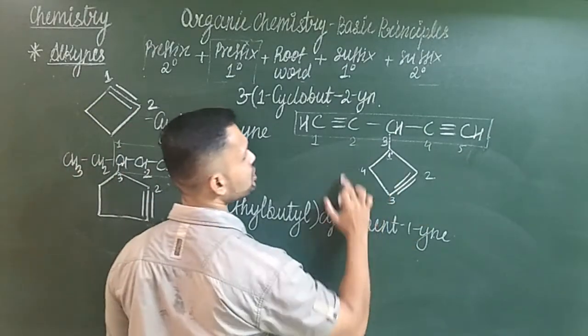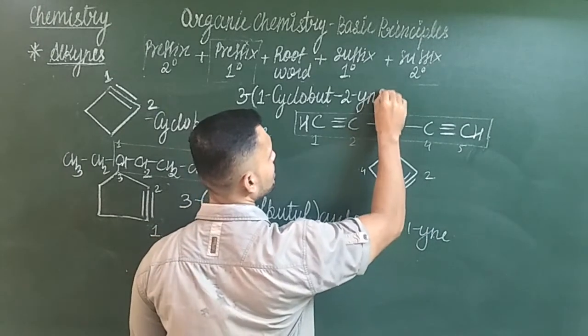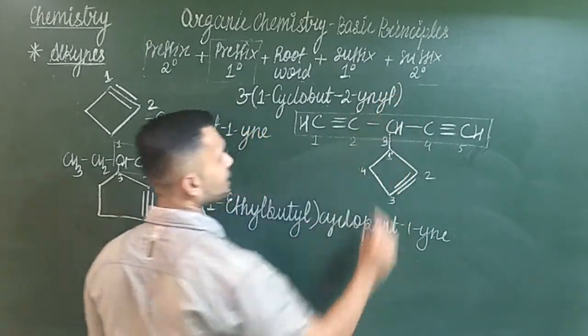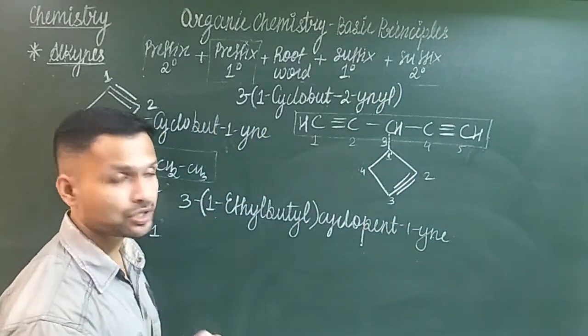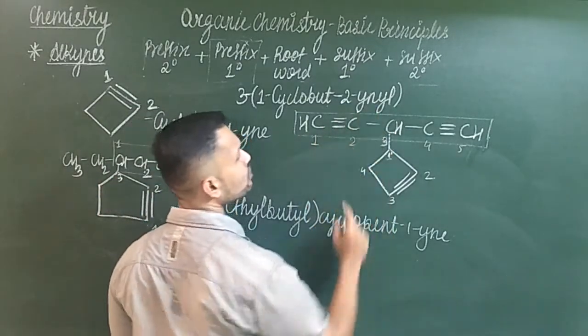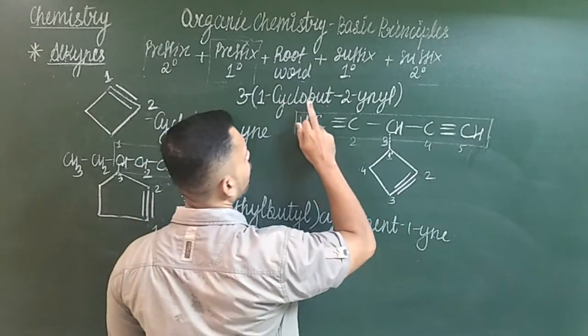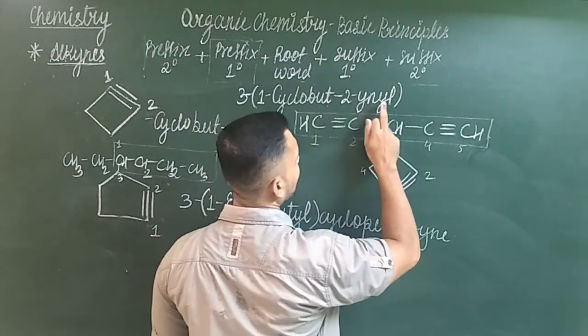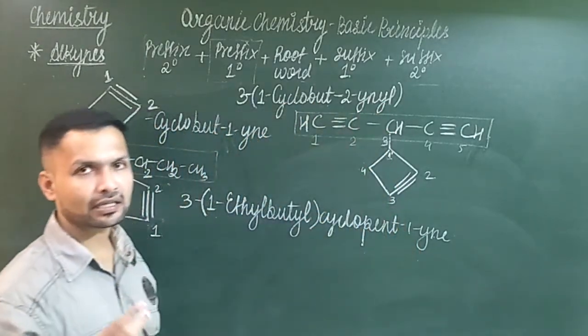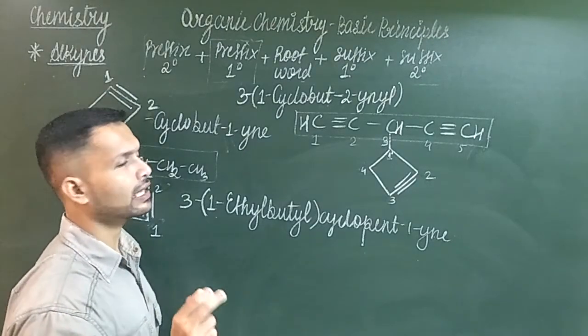But this is a substituent over here. So that E is replaced by YL to suggest it as a branch. So that E is being substituted by YL because it's a branch. So cyclo-but-2-ine-yl. YN for triple bond and YL for branch.